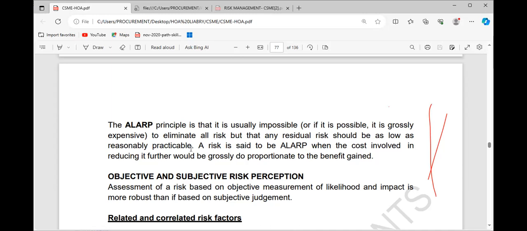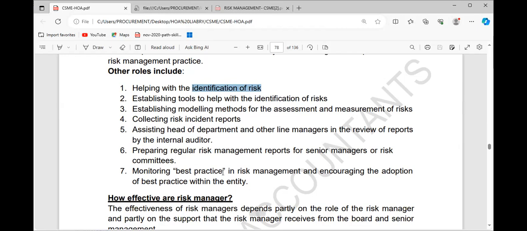If the initial risk is 50%, we should make sure we reduce that risk to as low as reasonable, maybe 5% or 10%. Though it might not be zero, but as reasonable as possible. The aim is to reduce the risk to the minimum level. It's not the time for you to go and sleep. You will still keep your eyes open and make sure you monitor the risk and follow it to make sure that it's not going beyond the normal level you have set.